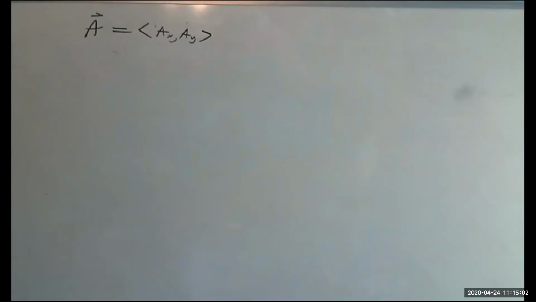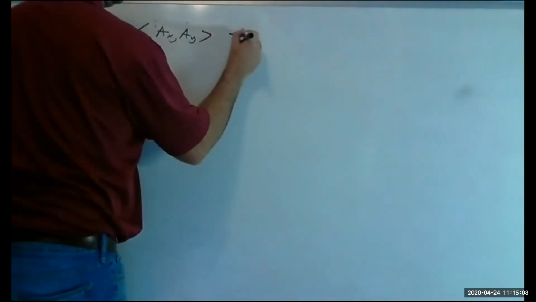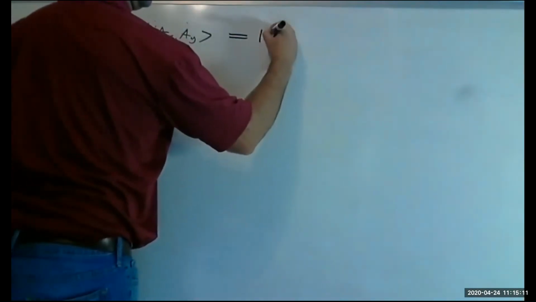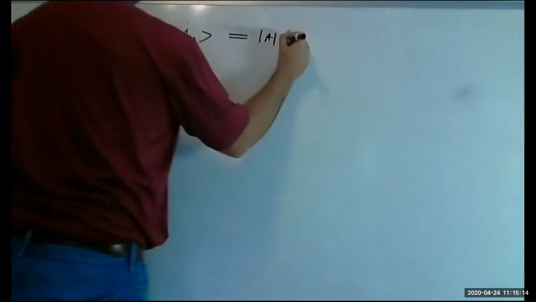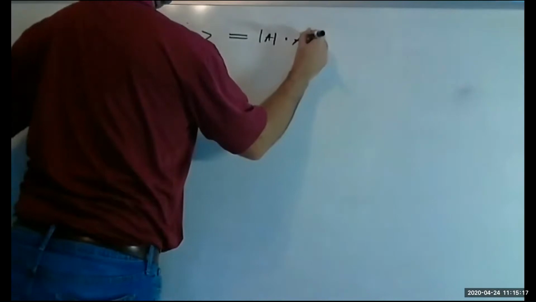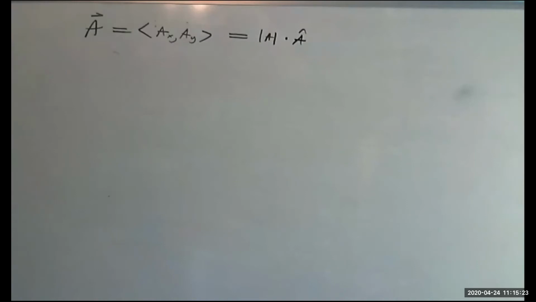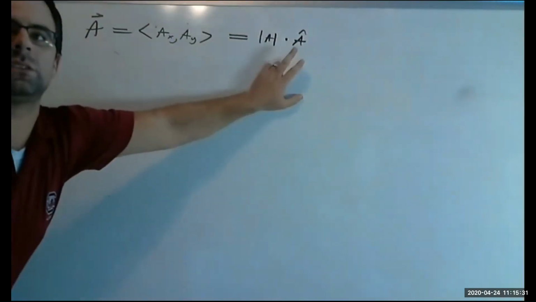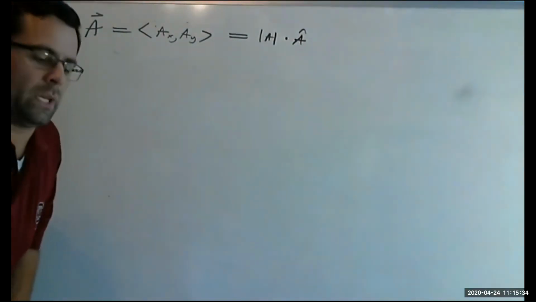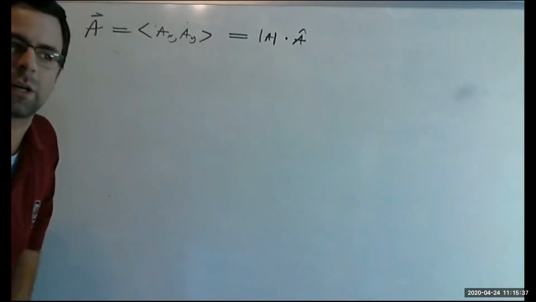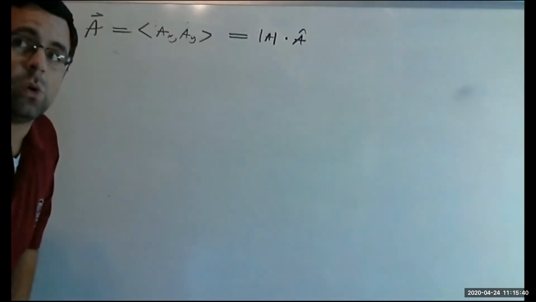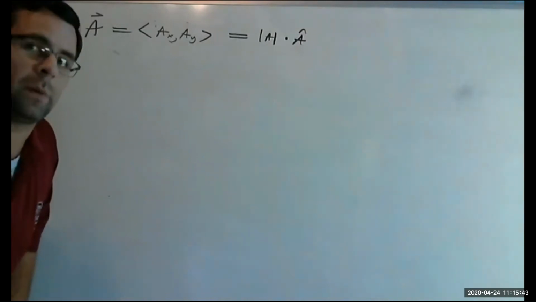But the other way of describing this is in terms of its magnitude and its direction. Let's figure out a little bit more about this thing. It's kind of weird to think about because up till now, whenever I talk about magnitude and direction, when I say direction, what am I usually talking about?